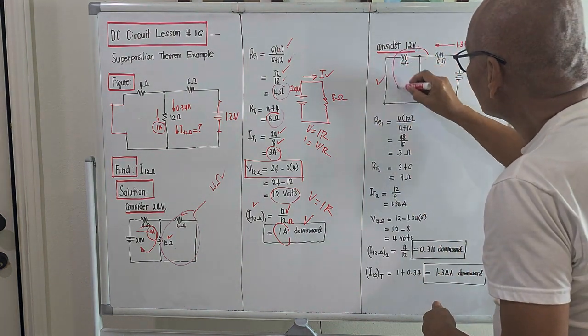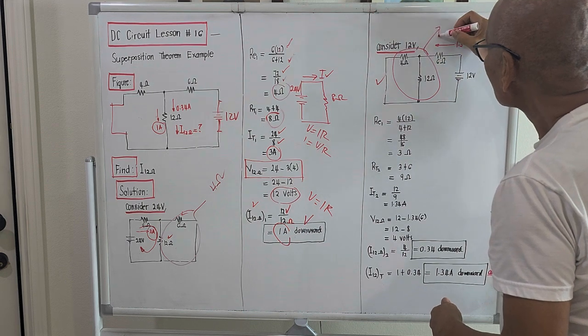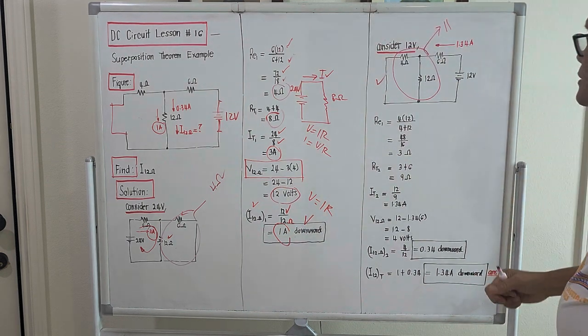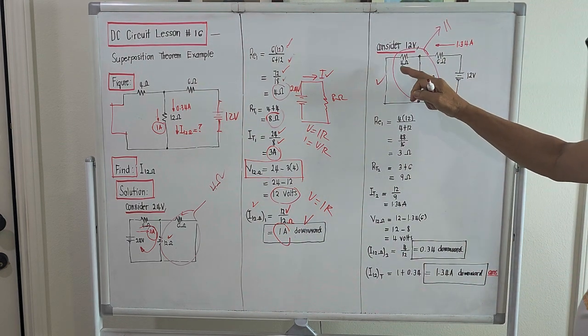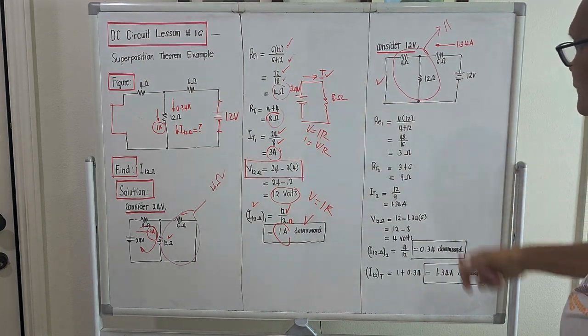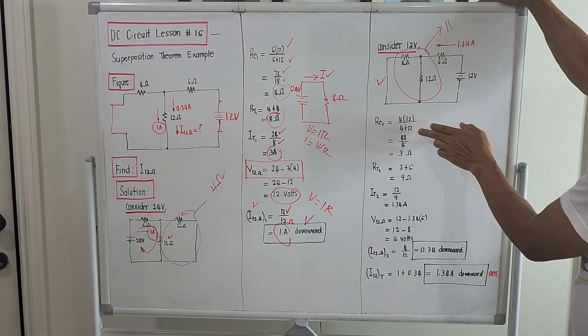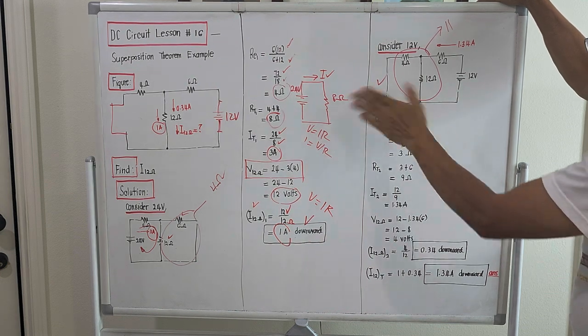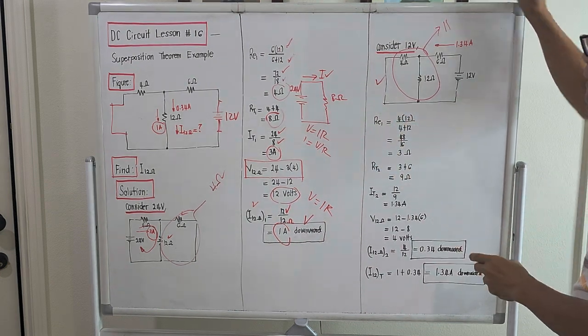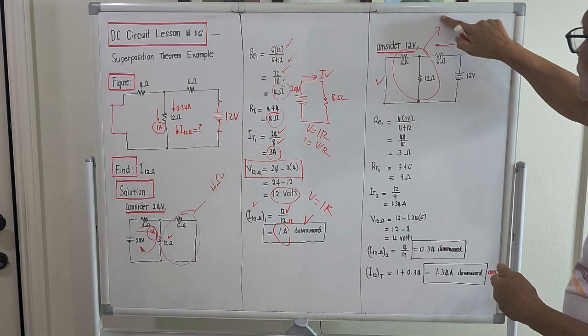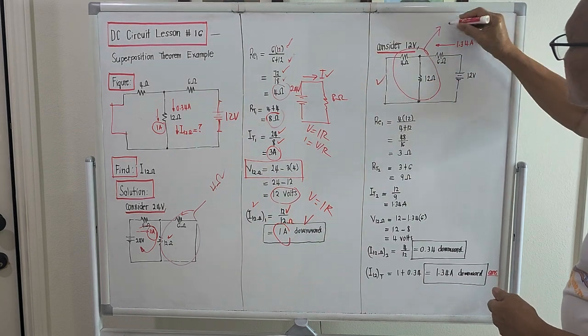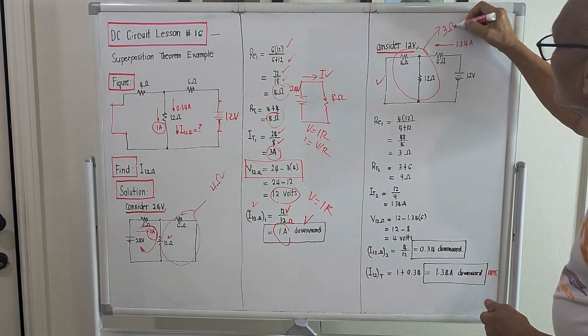These two here are actually in parallel. So if I will try to take the single equivalent, it will be the product over the sum. 4 times 12 over 4 plus 12, this is 48 over 16. And luckily 48 over 16 is 3. So the single equivalent of this 4 and 12 will be equal to 3 ohm.